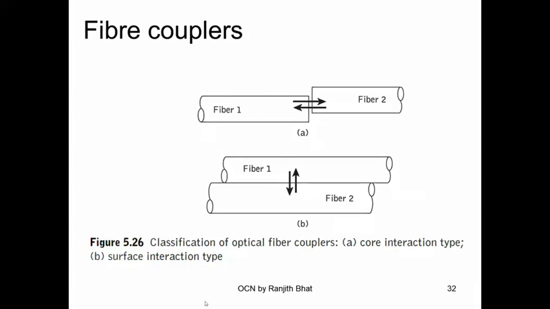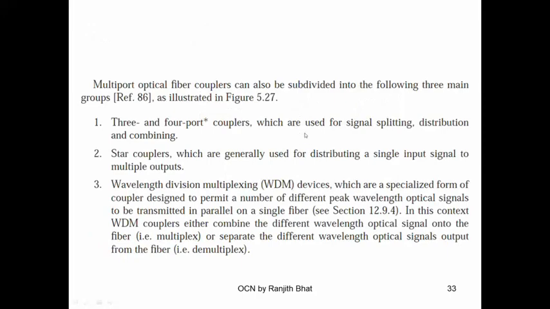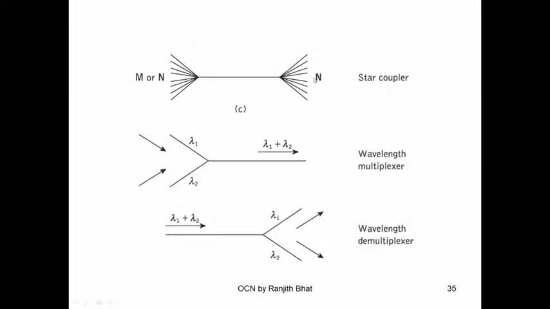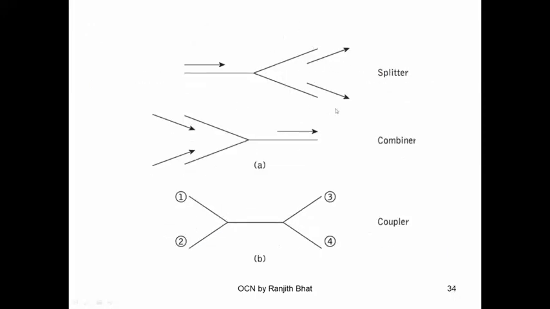Okay, next comes couplers. How are we going to couple two fibers together? There is a very good possibility that it is aligned interaction from core to core or surface to surface. Okay, this is where you split the fiber.